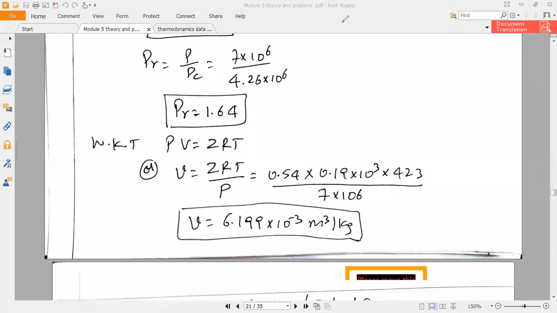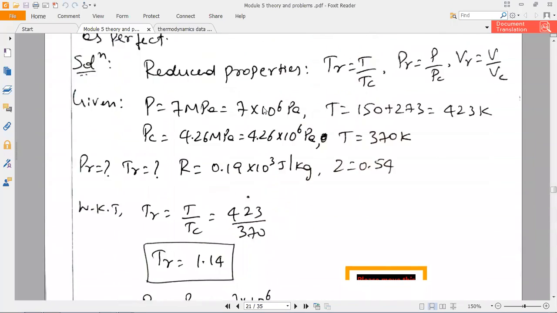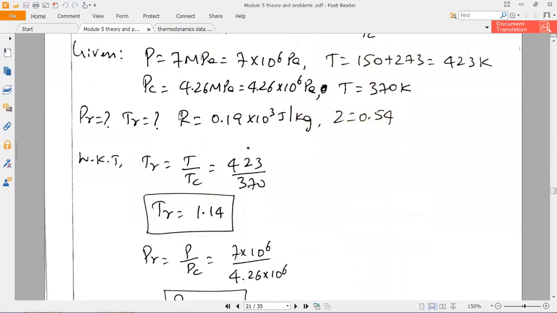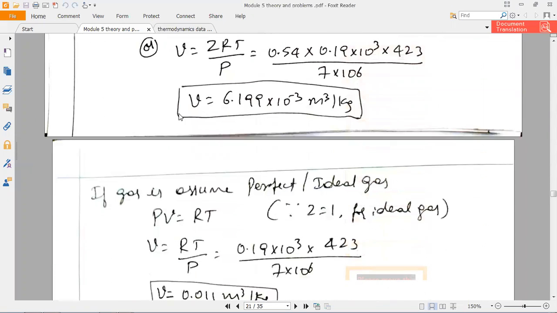Next, in this problem one more thing is asked. What would be the specific volume of the gas if it is considered as a perfect gas, meaning the ideal gas equation, that is PV is equal to RT. PV is equal to ZRT is for the compressibility factor. PV is equal to RT is for the ideal gas equation.